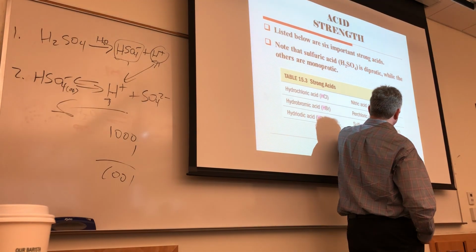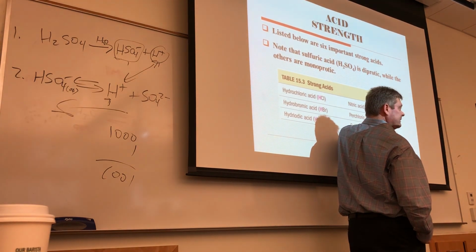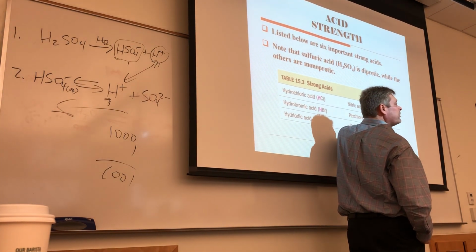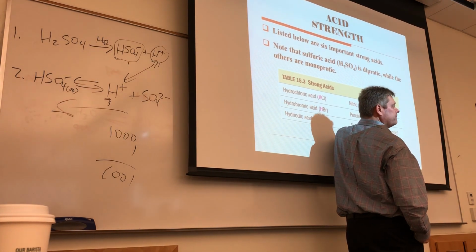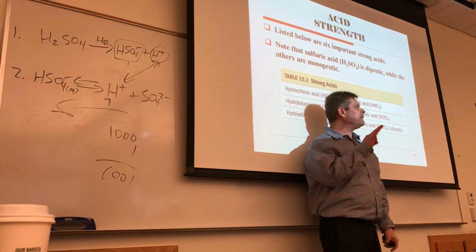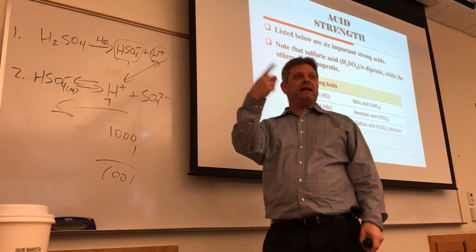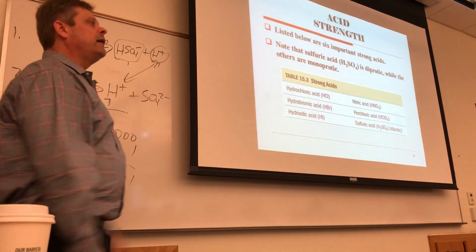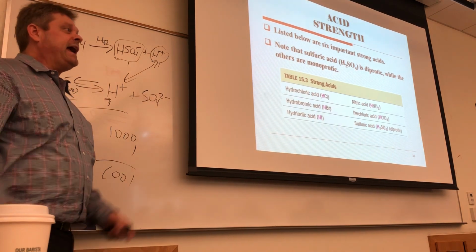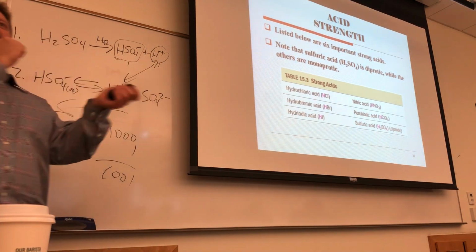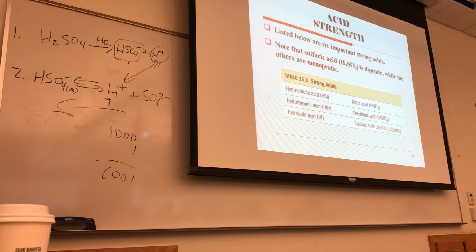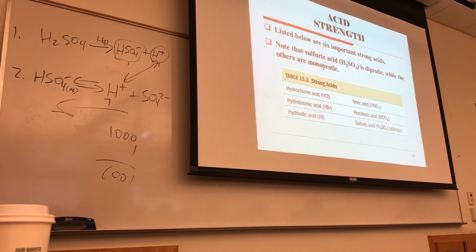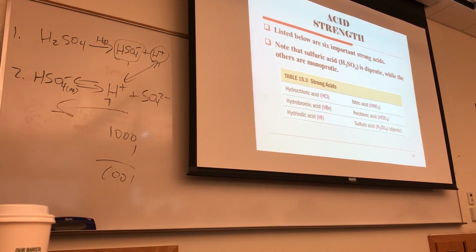But once I get rid of the first hydrogen, I only have 1 left. The second one is always harder to pull off and will always be weak. And if there's a third, if it's triprotic, like H3PO4, then the second and the third are weak. You would imagine the third one is probably negligible to the total amount of hydrogens coming off, and you have Le Chatelier's principle kind of working against you there too. So that's going to minimize even more how much you're going to get out of the first 2.